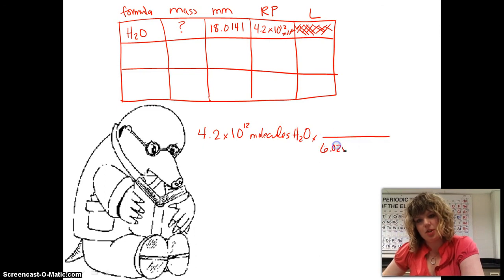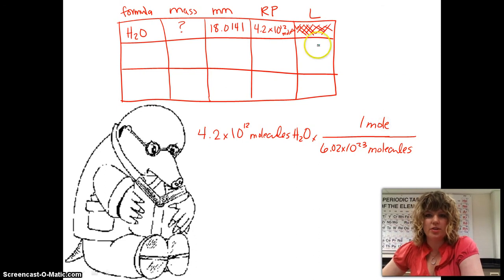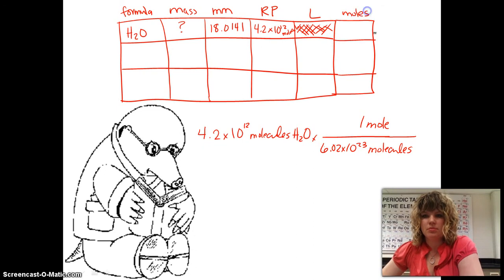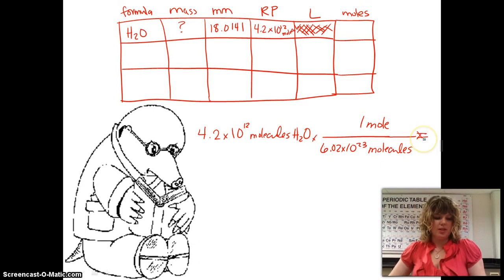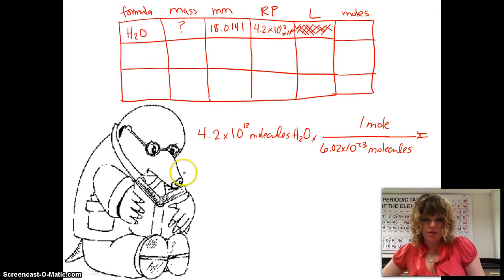On bottom, you'd have to use 6.02 times 10 to the 23rd to cancel out molecules over 1 mole. Okay. Oh, and there's another line here that would say moles. Okay, moles. And so from here you could calculate the amount of moles. We could go ahead and do this one. Let's do that real quick. 4.2 divided by 6.02 equals 0.6977.